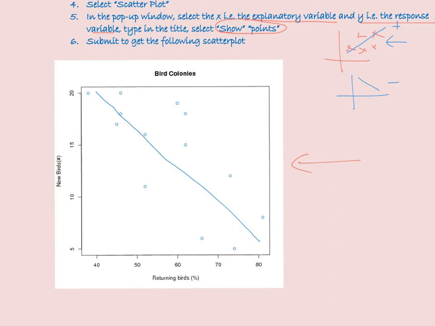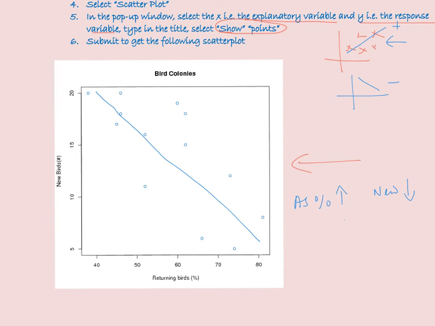So the way we describe the relationship between these two variables using the pattern that we just recognized is by saying that as the percent of birds returning increases, the number of new birds joining, so the number of new adults joining, decreases. The increase in one variable results in the decrease in another, and the pattern that it follows is that of a straight line, which means it is linear.